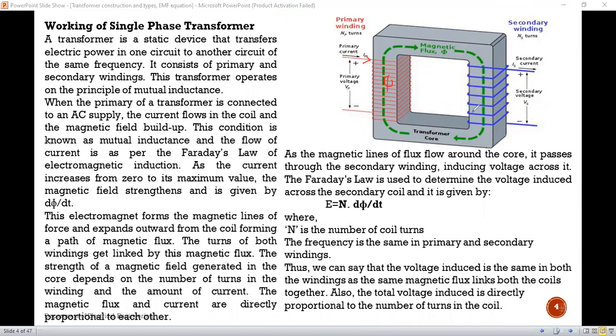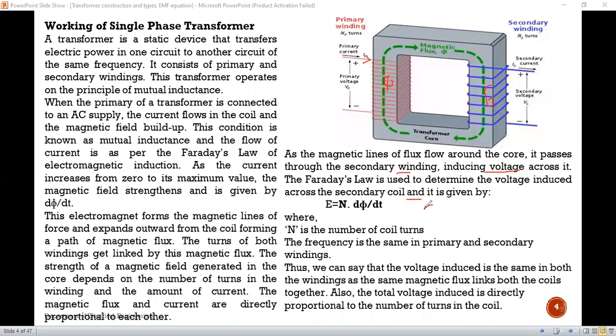When it passes through the secondary winding, at that situation it will induce some EMF in the secondary winding, inducing voltage across it. According to Faraday's law, it induces some EMF in the secondary winding. Faraday's law is used to determine the voltage induced across the secondary coil, and how much voltage is induced depends on it.